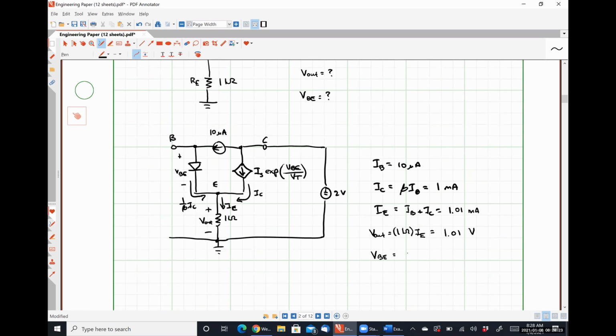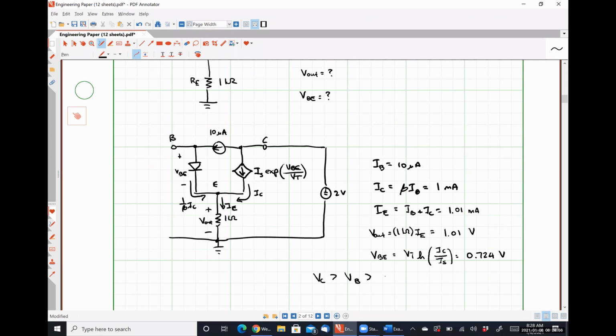How are we going to figure out VBE? Now that we know IC, VBE is simply VT natural log of IC over IS. That is 0.724 volts.